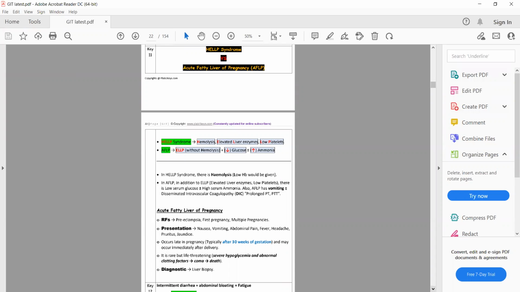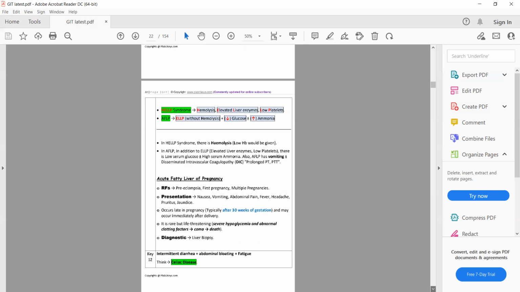And why is there fatigue in celiac disease? What is the reason for fatigue? Anemia, yes, and also loss of nutrients like B12 and iron. What is the most common anemia in celiac disease?